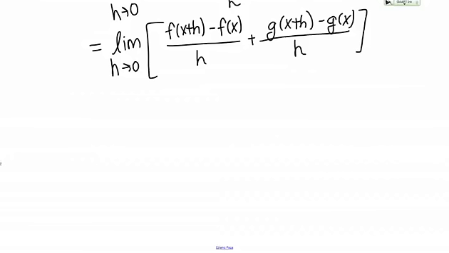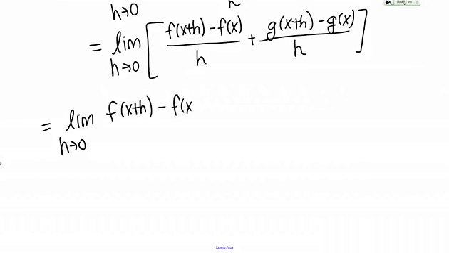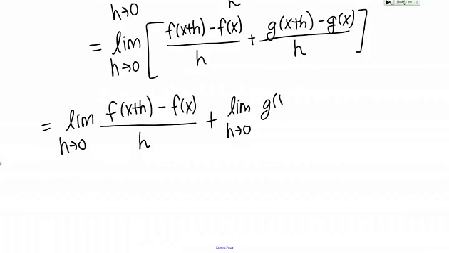So remember back to when we learned about limit laws, the limit of a sum is the sum of the limits. So I can write this as the limit as h goes to 0 of f of x plus h minus f of x over h plus the limit as h goes to 0 of g of x plus h minus g of x all over h.